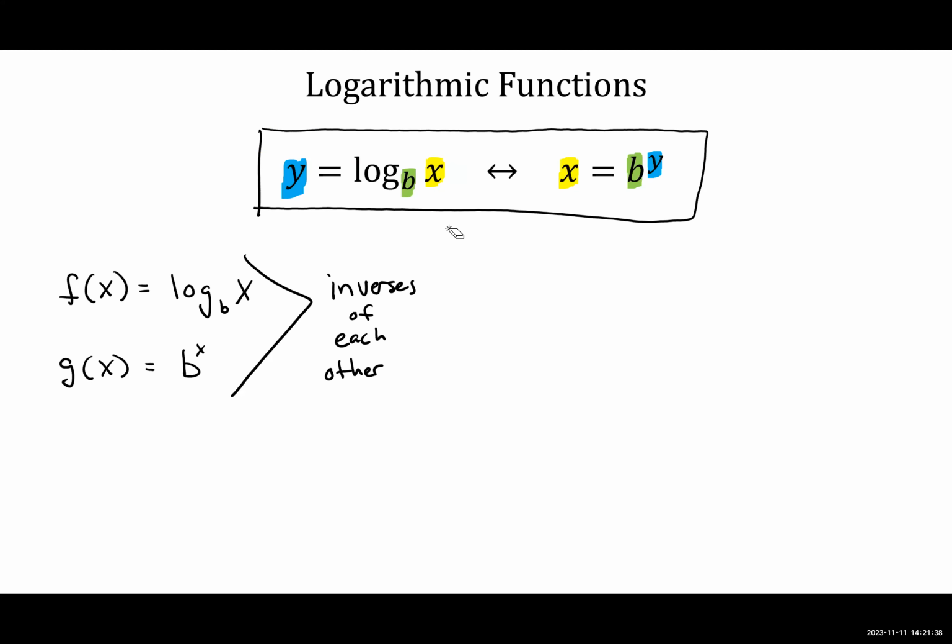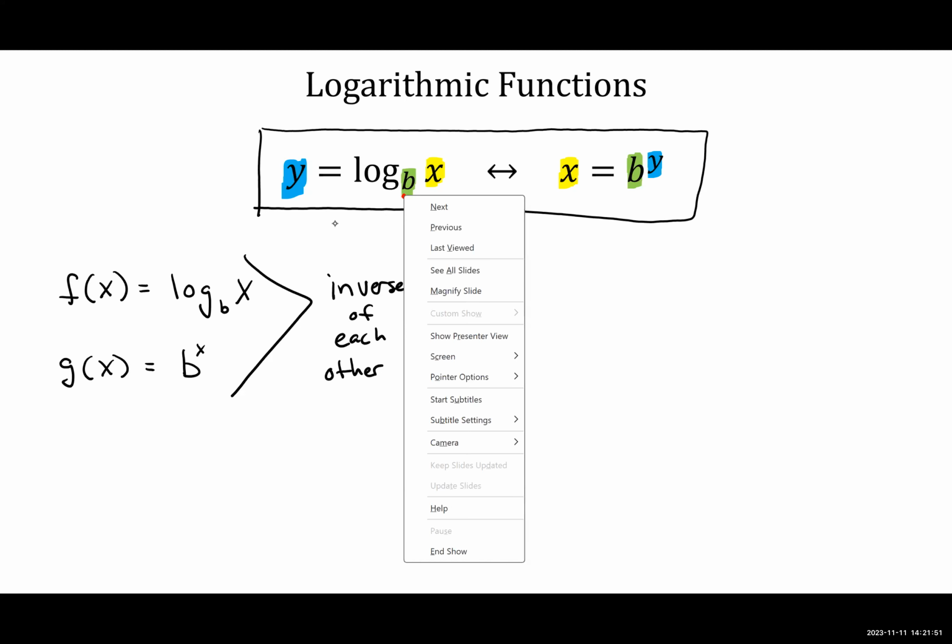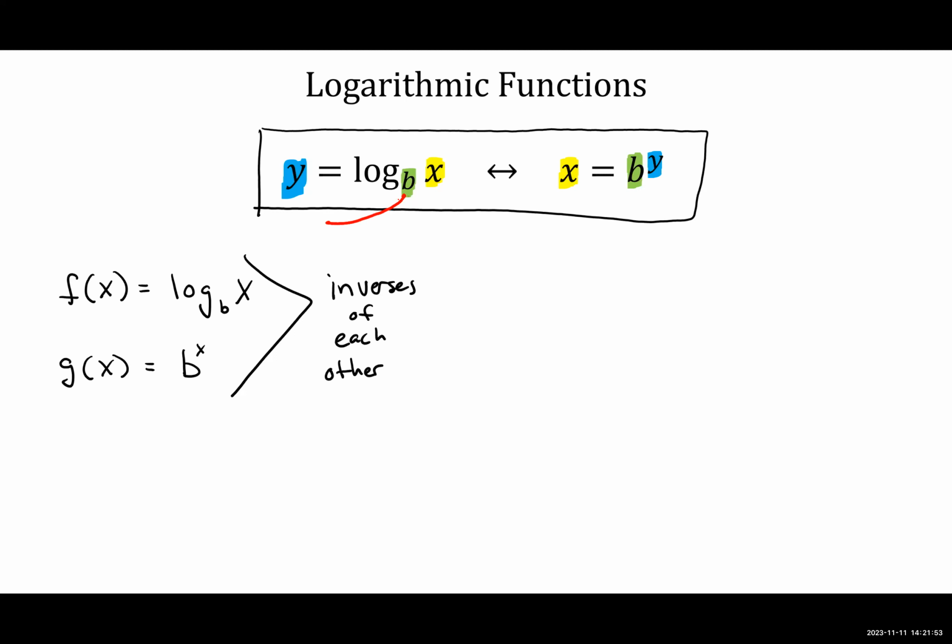So one device that might be helpful, I've seen it before. This is actually how I learned it originally, the scorpion tail. So starting with the base, wrap around the equation, and then back to the argument.